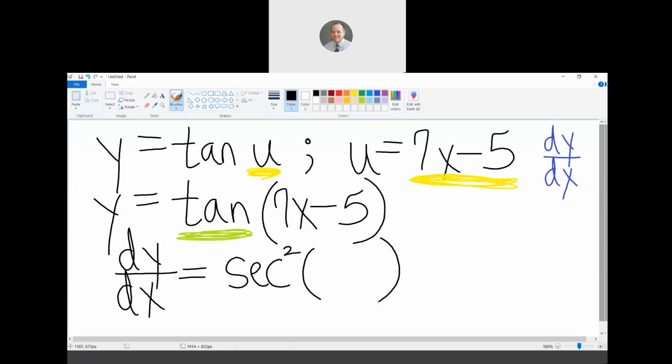So the derivative of tangent is secant squared. Now hold off. Don't take your derivative of your 7x minus 5 just yet. Bring that down. And we're going to use the chain rule to finish our derivative. So the chain rule, we times, and we take the derivative of 7x minus 5.